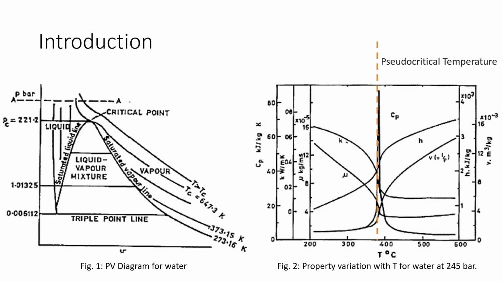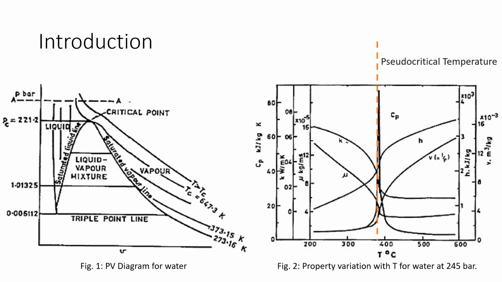Something interesting happens in this region with temperature. If we plot the variation of different properties at a given pressure, we can see that as the temperature increases, there is a significant change in properties such as the thermal conductivity, viscosity, heat transfer coefficient, specific volume, and the specific heat capacities.